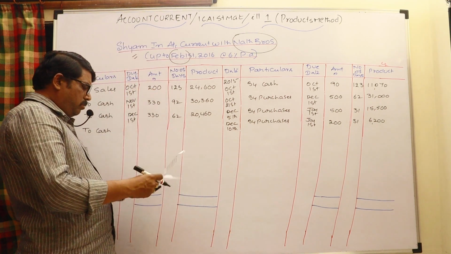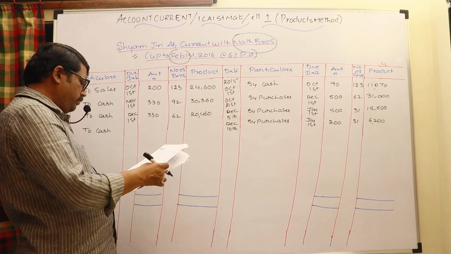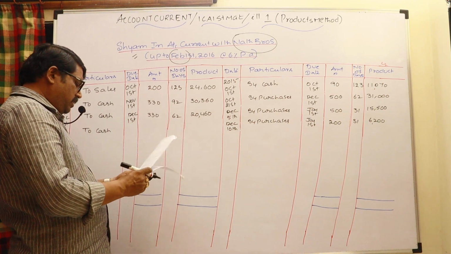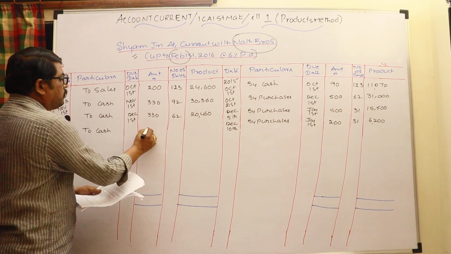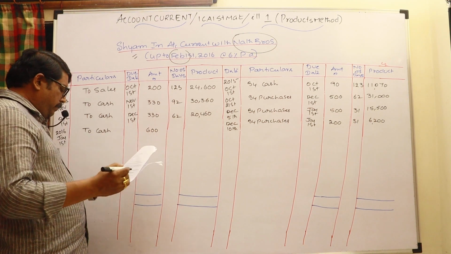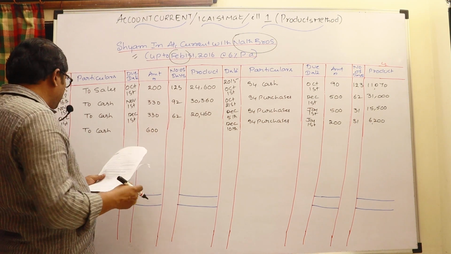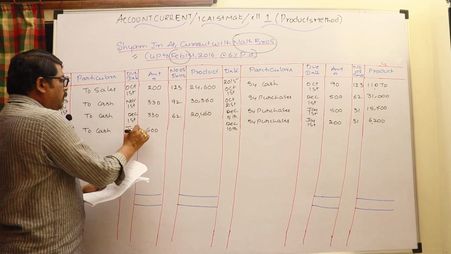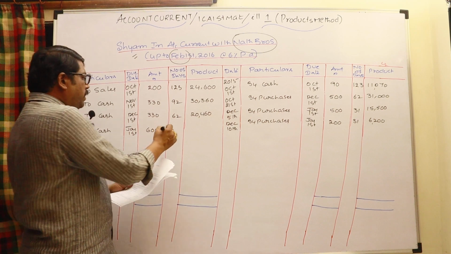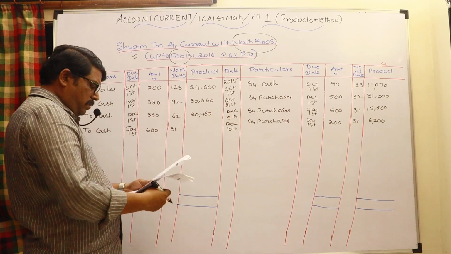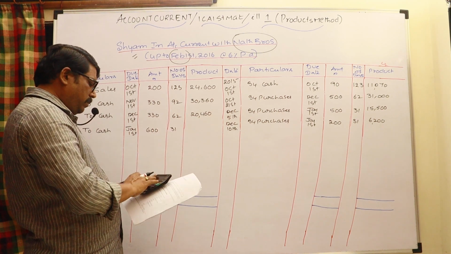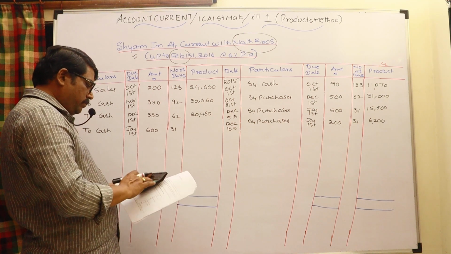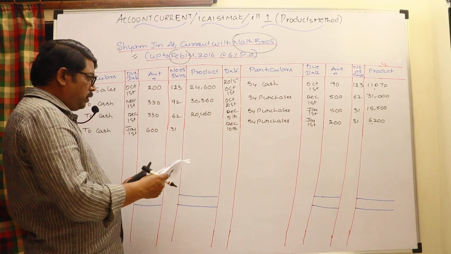In the Shyam account, to cash, 600 rupees. No separate due date is given, therefore January 1st itself you have to take as the due date. January has 30 days, February 1 is 31 days. So 600 into 31, and the product is 18,600.